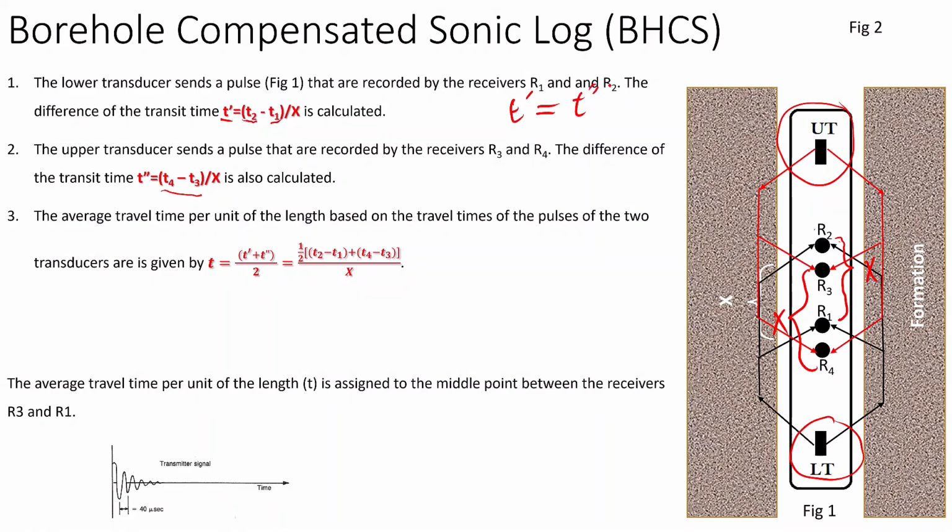But in reality, they are not equal because we have some noise in the formation. So by calculating their average, we somehow want to mitigate the effect of the noise and also the heterogeneity of the formation to obtain a more accurate estimate of T in the formation.